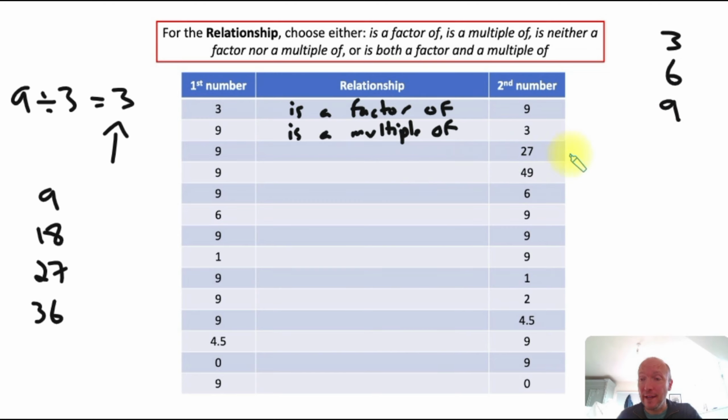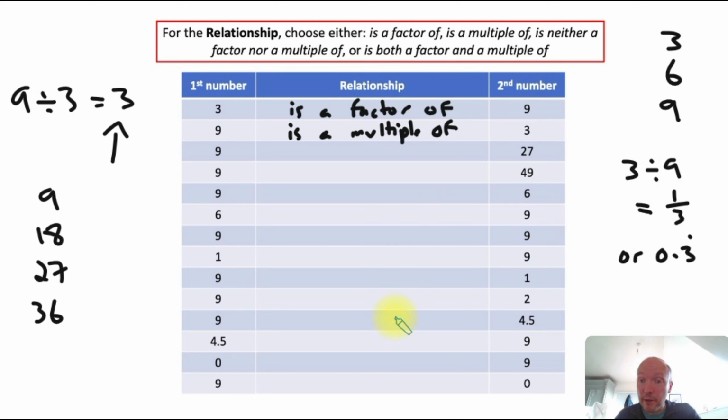It's not a factor. I can't divide 3 by 9 to give me a whole number answer. 3 divided by 9, if you put it into a calculator, will either say a third or 0.3 recurring, 0.33333333. Definitely not a whole number answer, therefore it's not a factor.